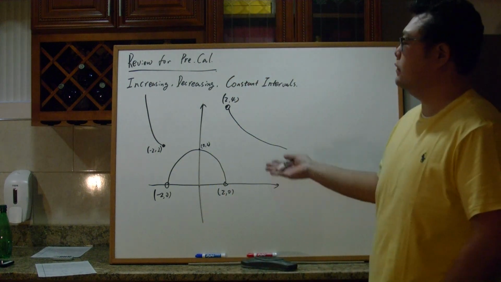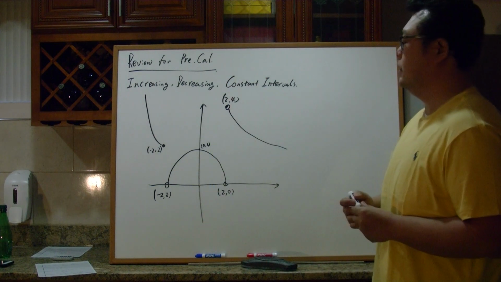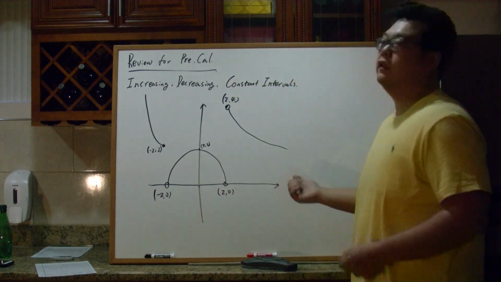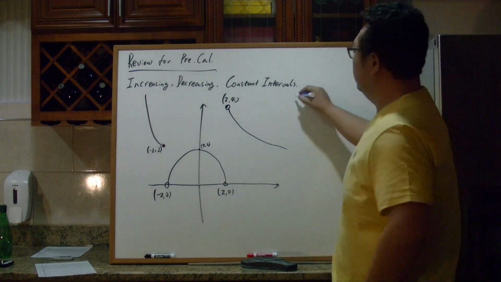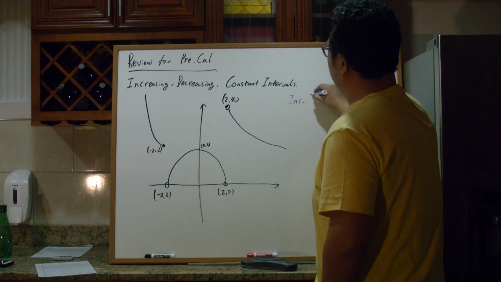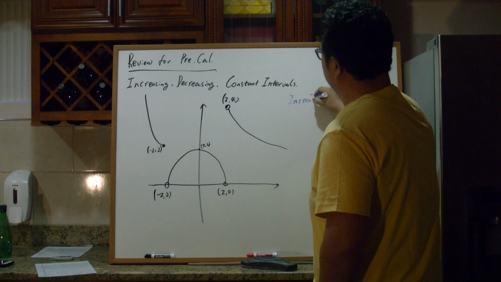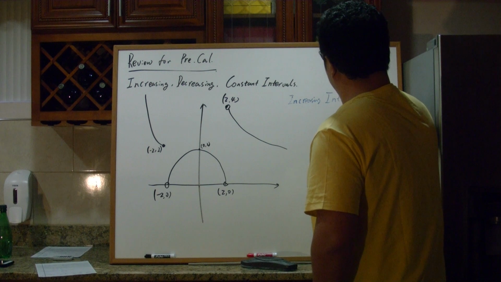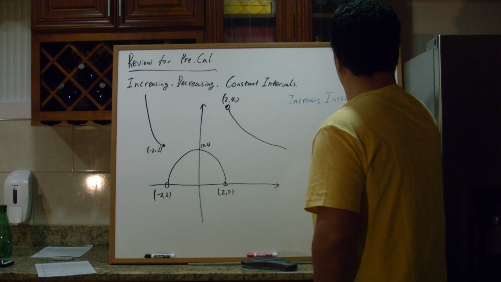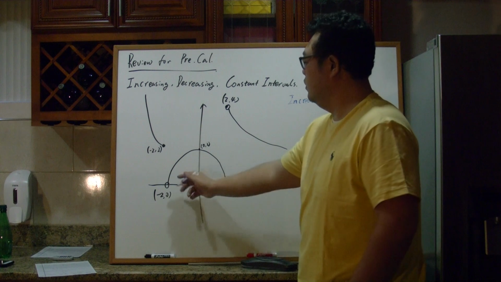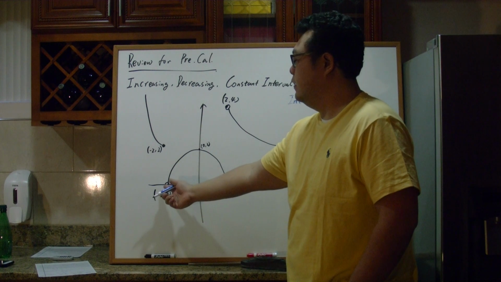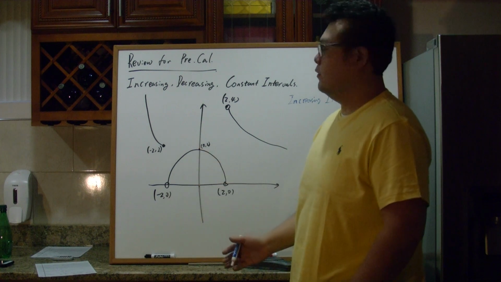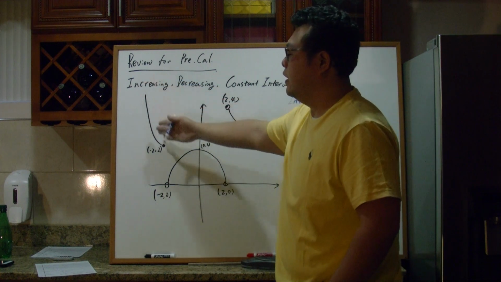What we can see is that some intervals are increasing and some are decreasing. When we talk about increasing, decreasing, or constant intervals, they are open intervals. For the increasing interval, the piece climbing up is the left piece of the semicircle, and that's the only one. Everything else, from left to right, is going down.